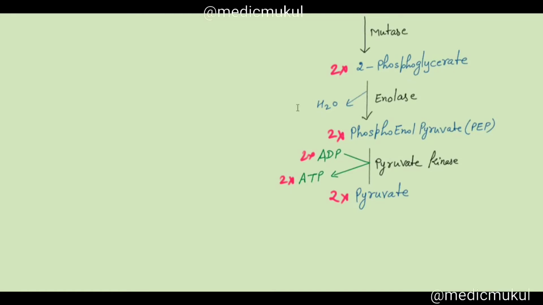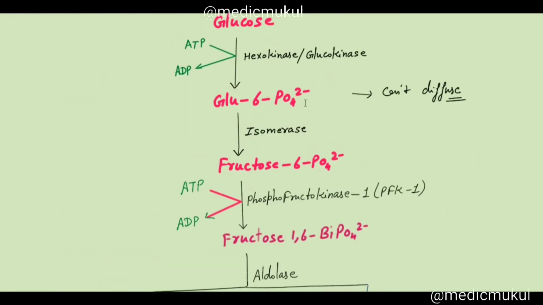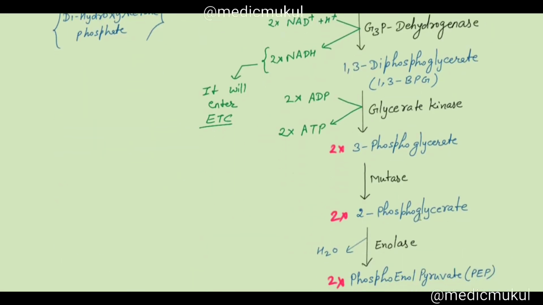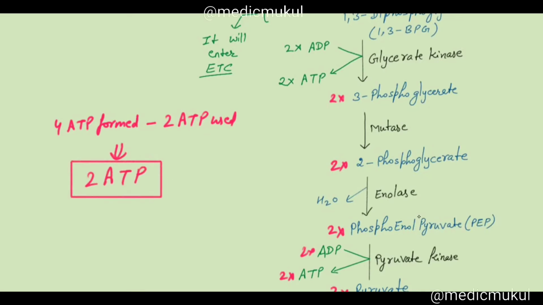So tell me how many ATP formed here? 2 formed here, and 2 ATP used earlier. So 4 ATP formed and minus 2 ATP used. So how many ATP do we get from glycolysis? The answer is 2 ATP.